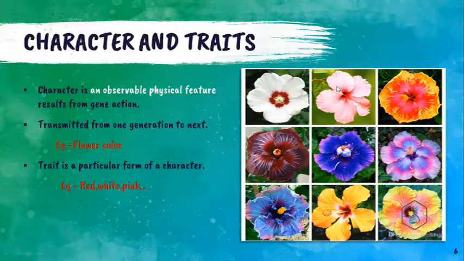Example for traits are red, white, pink, etc. The different forms of colors like red, white, pink are the traits of the character flower color. These are particular forms of a character, and they are termed as traits.